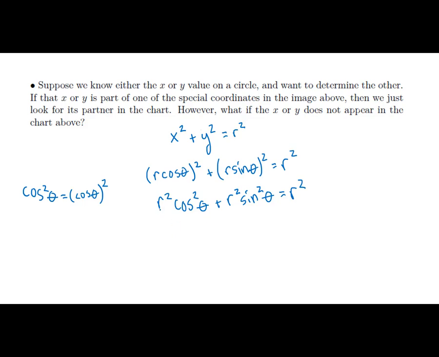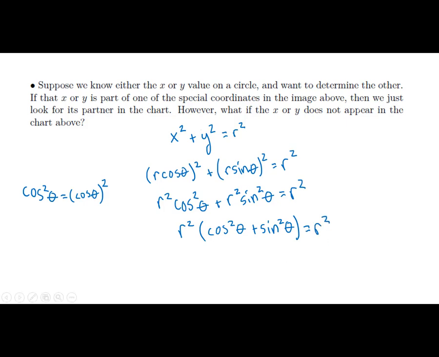All right, but with that aside, we've got an r squared common to both terms here, so I could factor an r squared out, and that would leave me with cosine squared theta plus sine squared theta is equal to r squared.